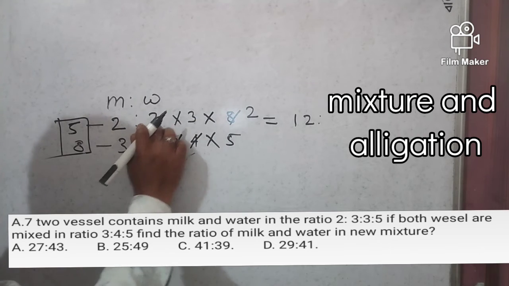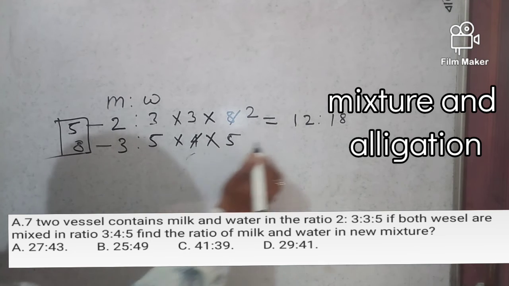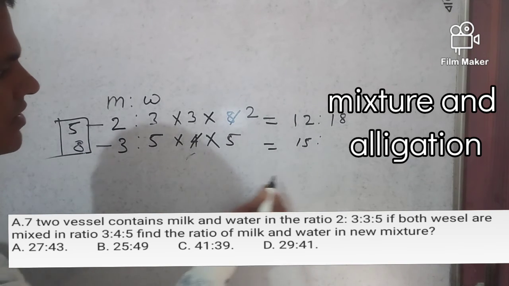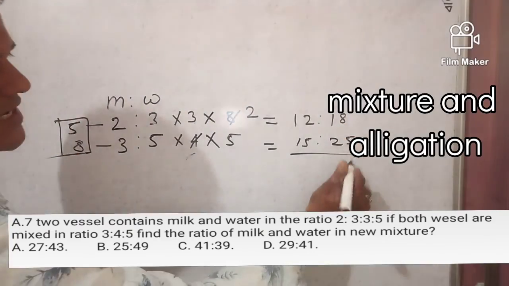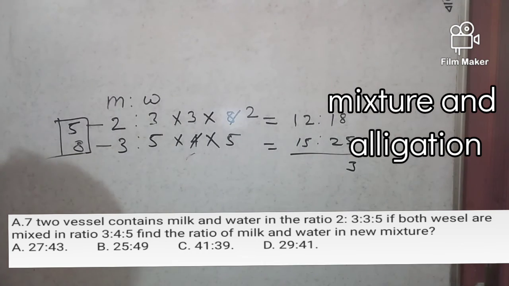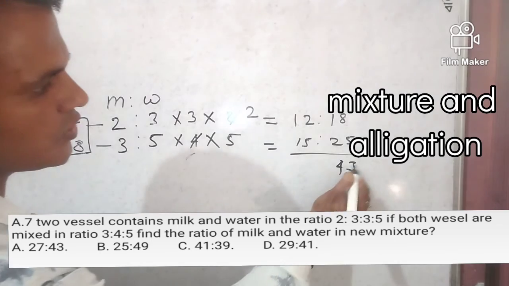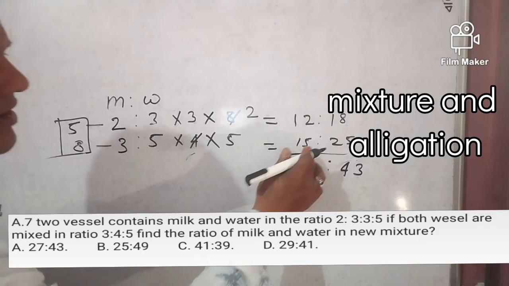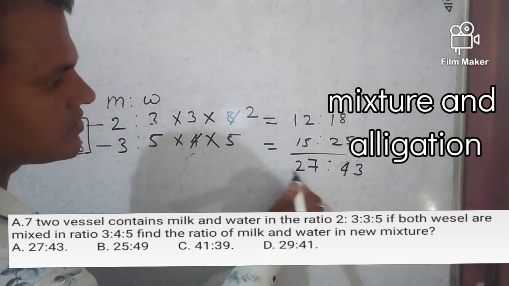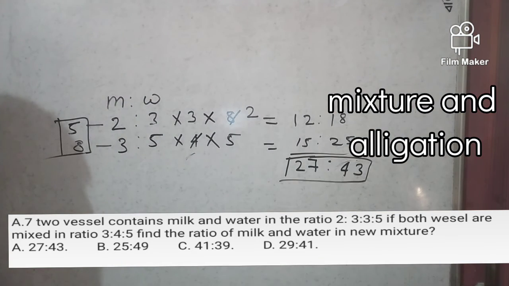And 6 times 3 is 18. In the second container 5 times 3 is 15 and 5 times 5 is 25. So the new mix is 8 plus 5 is 23, 2 plus 1 is 3 and 4, right? So 43. 5 plus 2 is 7. So the new mix is 27:43. Move to the next question.